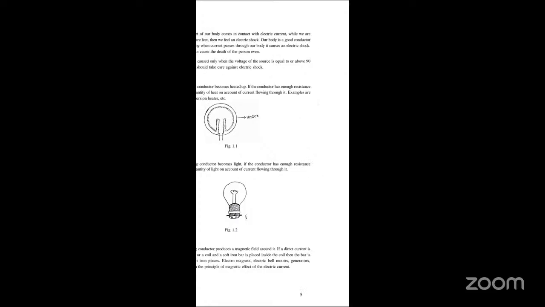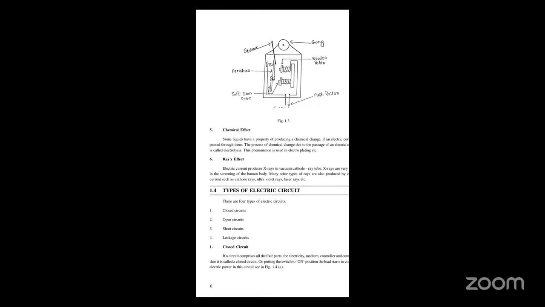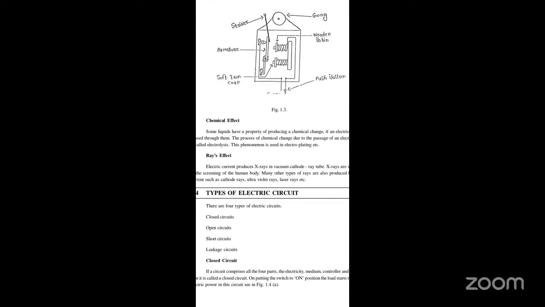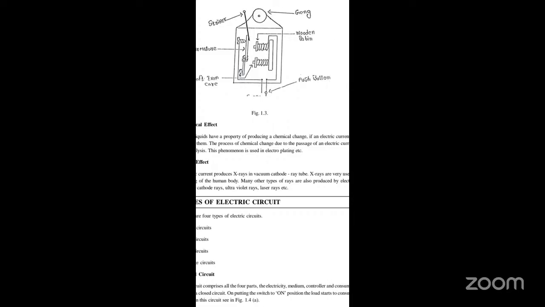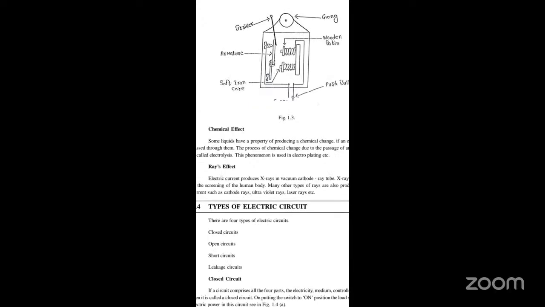Now see in the figure what parts are there: wooden bobbin, gong, stirrer, armature, soft iron core, and push button. All these are there based on the magnetic effect.